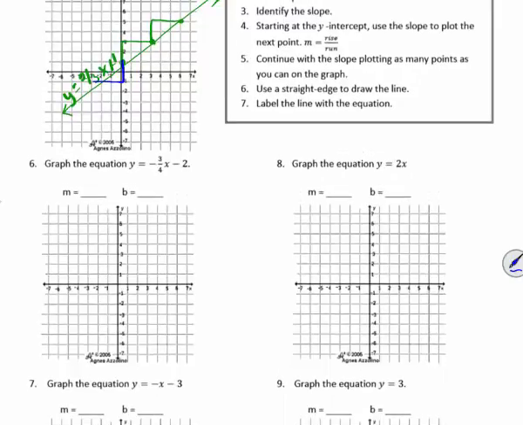All right, let's try another one. So graph the equation. So here I have my slope is negative 3/4. My y-intercept is 0, -2. So this is my starting point. It's where you begin your graph. So I'm going to start at 0, -2.